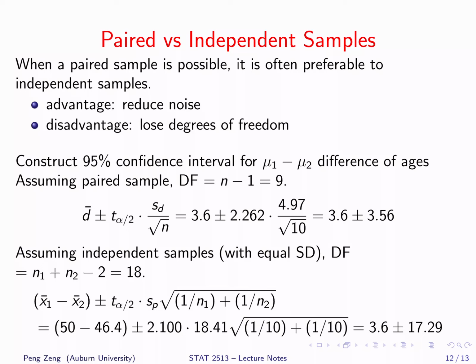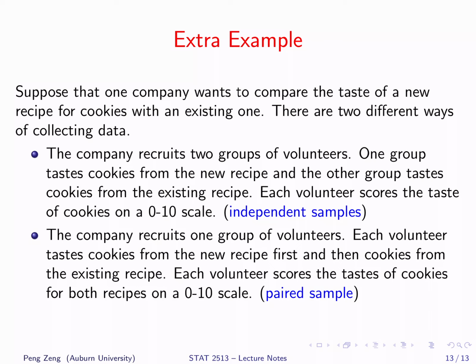Let's use a different example to illustrate how to collect data and how to analyze data. In fact, they are connected. I mean that the approach we select to analyze data should match the way we collect data. Suppose that one company wants to compare the taste of a new recipe for cookies with an existing one. There are two different ways of collecting data. Firstly, the company recruits two groups of volunteers.